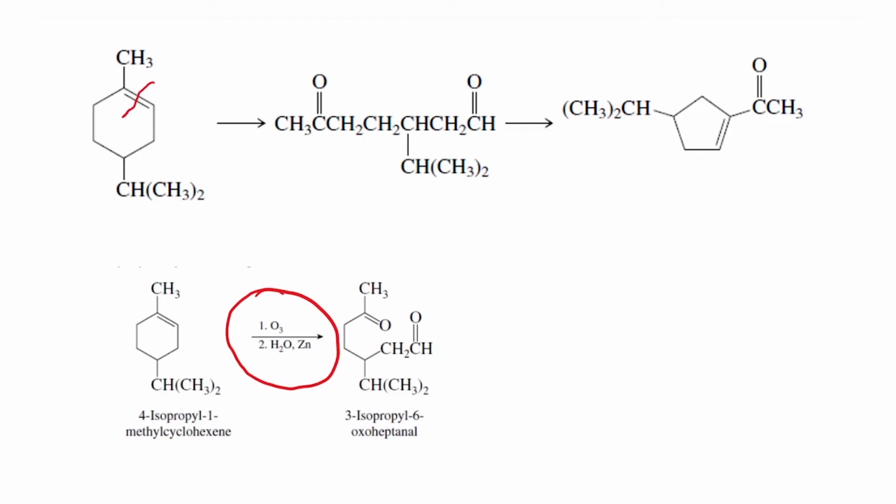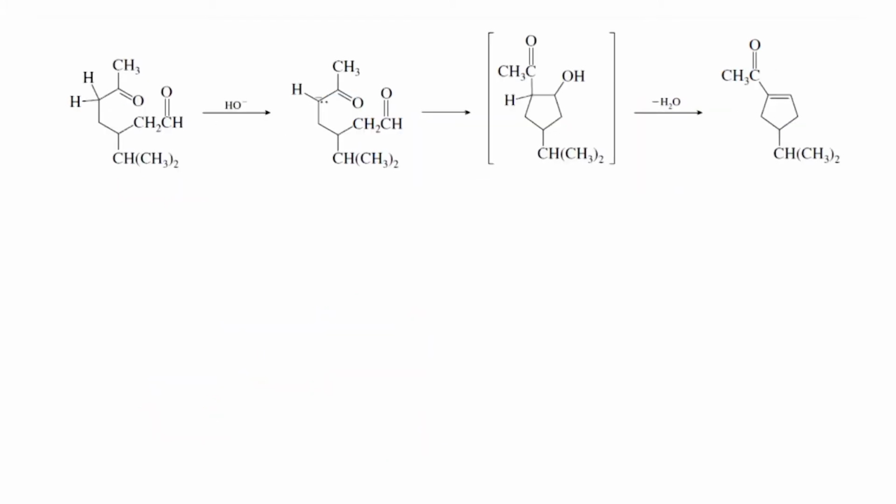In order to be systematic in this question, you need to number the carbons and follow the numbering very carefully. Please go ahead and do that, and you will see that this is the product that is formed out of ozonolysis followed by reaction with zinc.